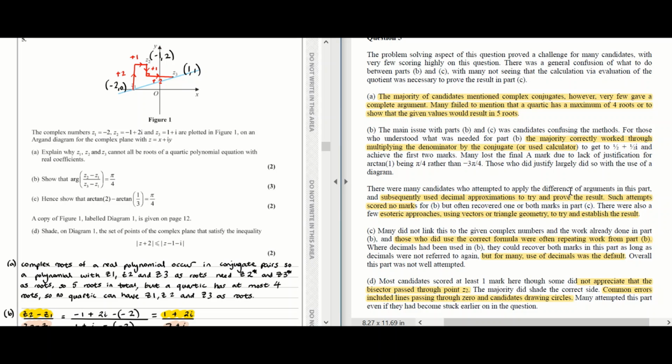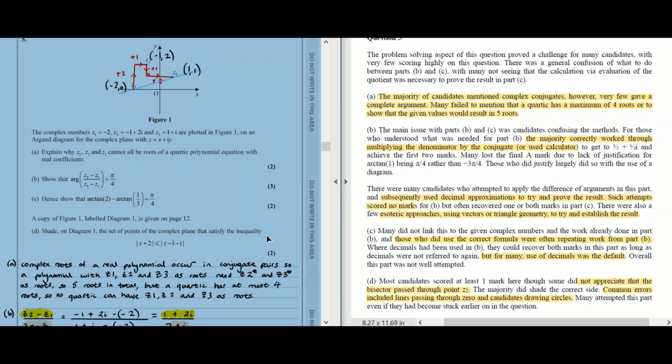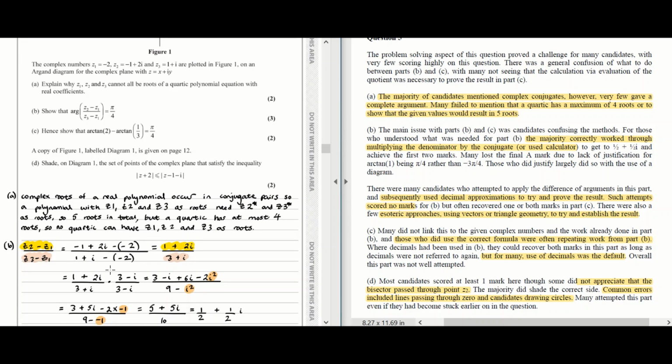In terms of what else was said, for part B and C, where we had to use our argument knowledge, a lot of people did not know what to do in this. For the first part, a lot of people were confused by the complex conjugate bit over here where we multiply by the conjugate.